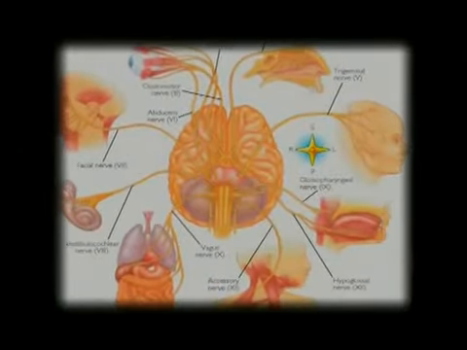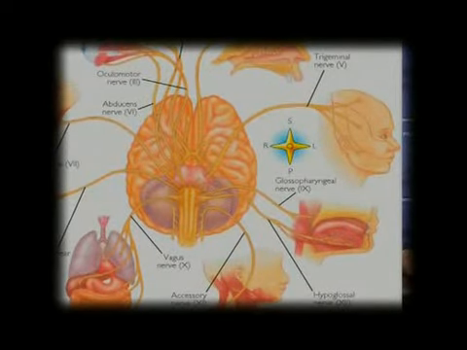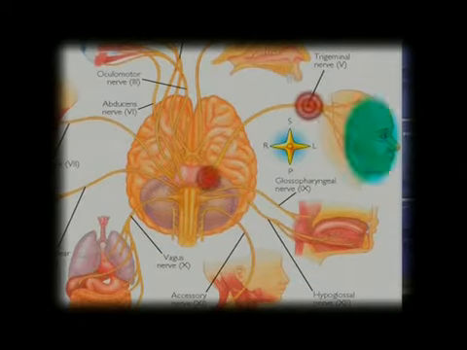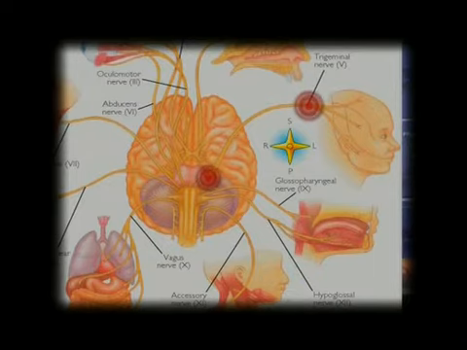Cranial nerve number 5 is the trigeminal nerve. The trigeminal nerve is the largest cranial nerve. It provides sensory information from the face, forehead, nasal cavity, tongue, gum and teeth, especially touch and temperature, and provides somatic motor innervation to the muscles of mastication.